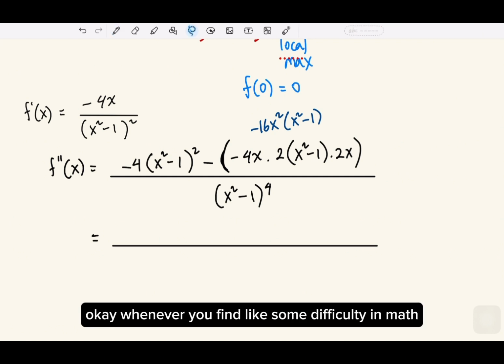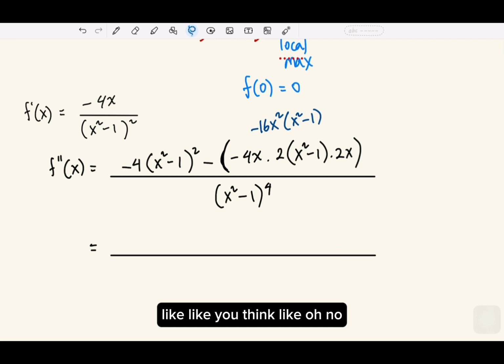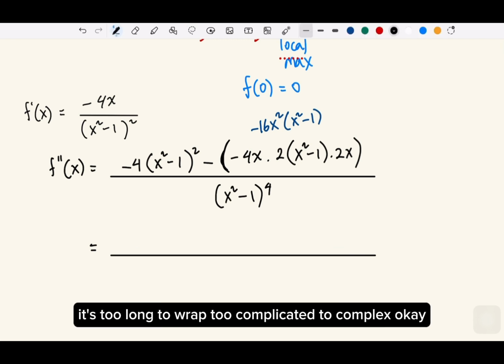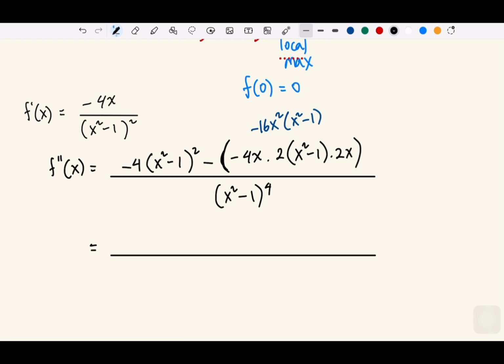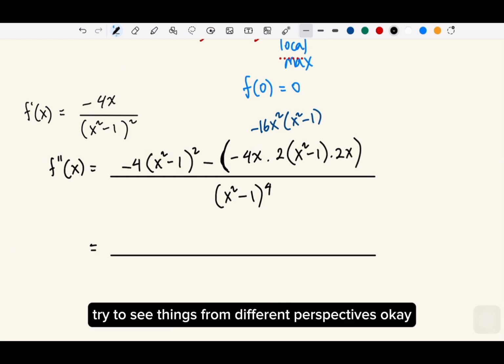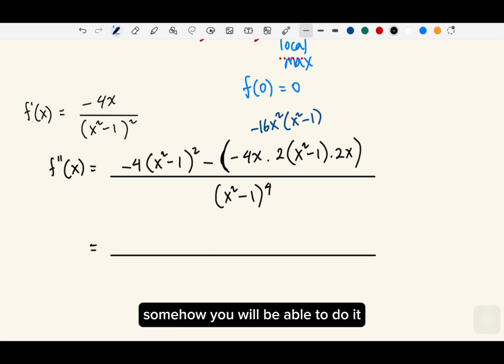Okay, whenever you find some difficulty in math, like you think, oh no, it's too long, too complicated, too complex, okay, don't give up. Slowly but surely, try to see things from different perspectives. Somehow you will be able to do it.